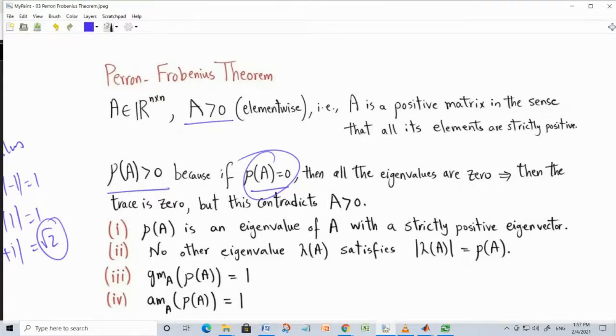So where do we encounter matrices in which all the elements are strictly positive? One domain of application is matrices in which the elements are probabilities. Suppose that all the probabilities in the matrix are strictly positive. We will see this in Markov chains.